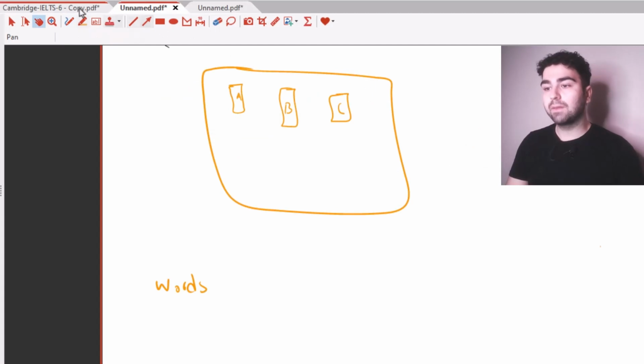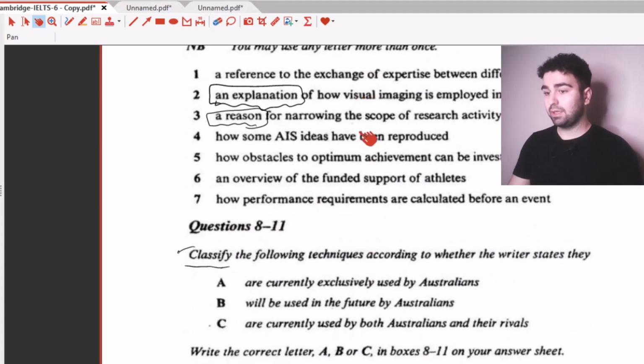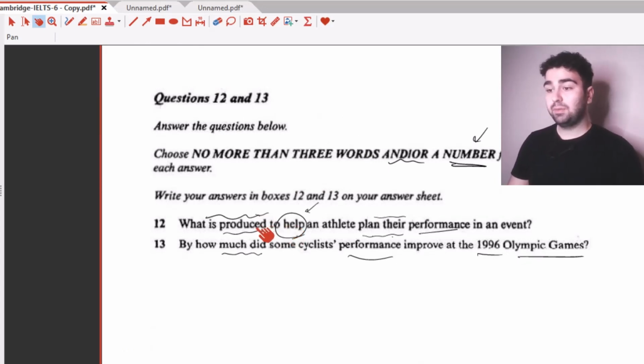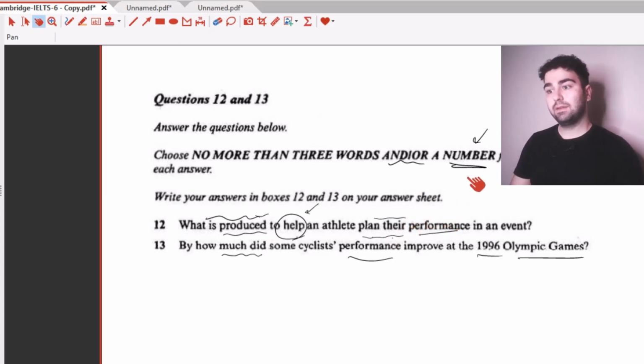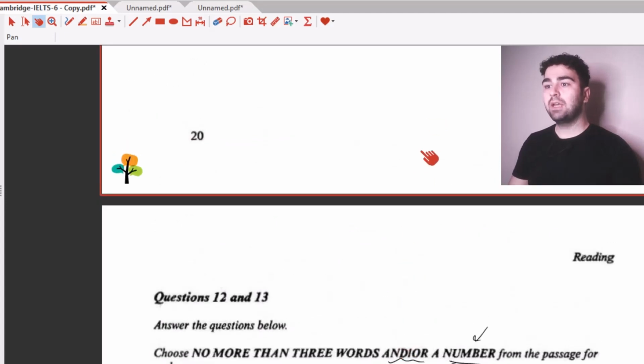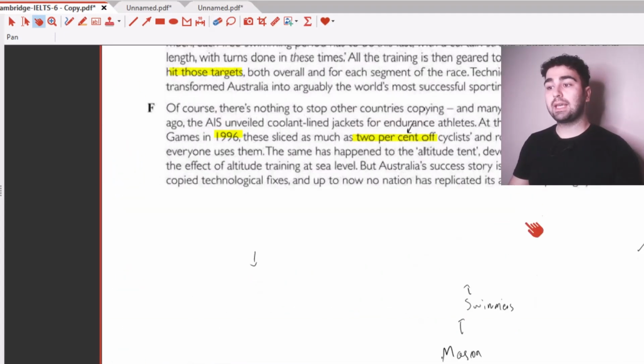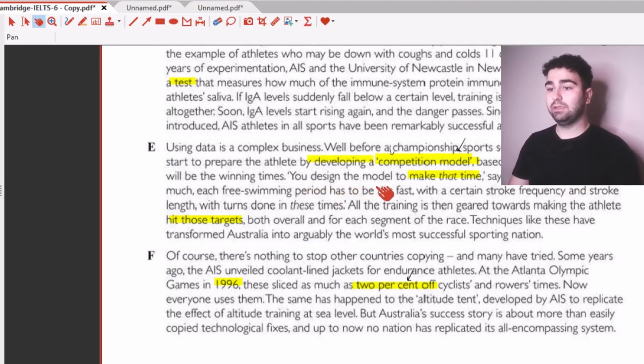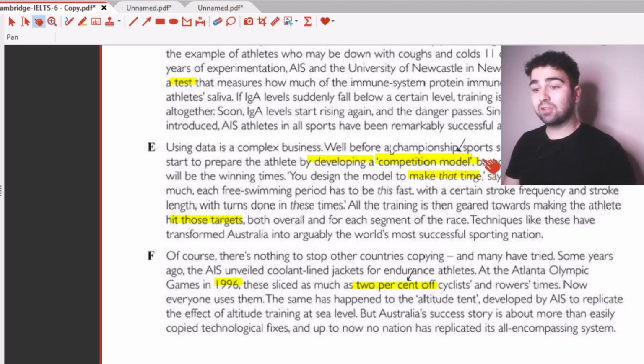For example, help in the question, as you saw, help, produce, production, anything about that, plan, and performance were the items that helped us find the answer in here while we were reading the passage. Development, production, again, competition, expect, and again, make that time the winning time.